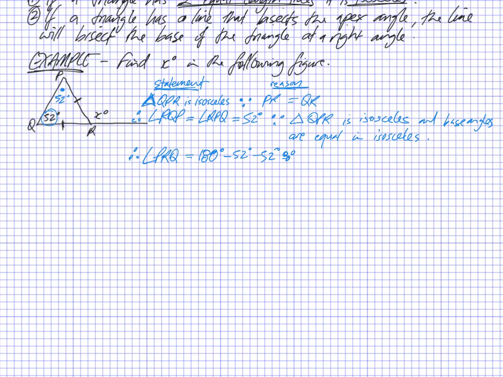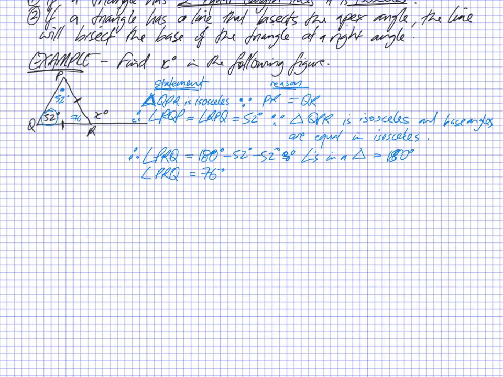Because angles in a triangle equal 180 degrees. So I'm using a fact about triangles in general, which is that their interior angles add up to 180 degrees. And I'm going to use that fact to work out what angle PRQ is, which is 180, take 52, take 52, it's going to give you 76. So angle PRQ is equal to 76 degrees.